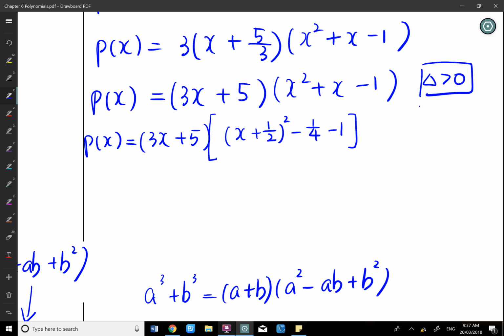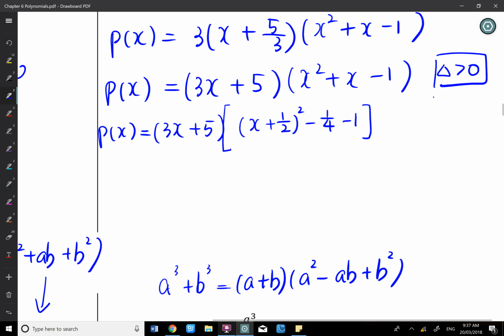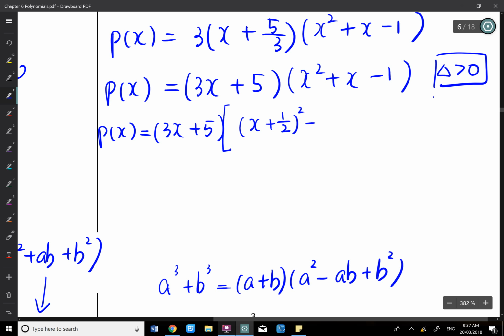So what we have, well, this one becomes 5/4. And then that becomes (√5/2) squared.